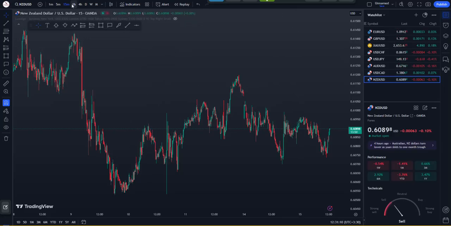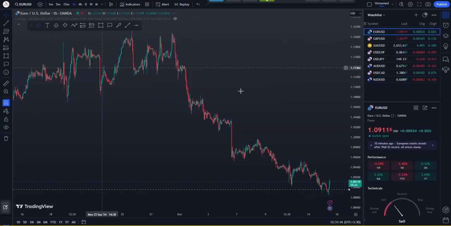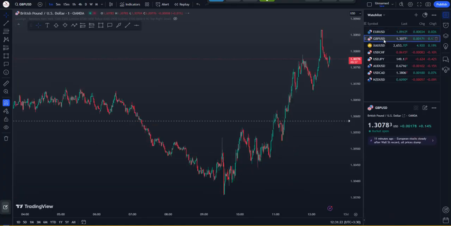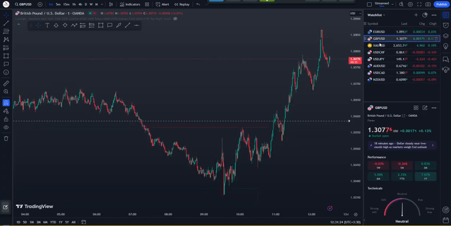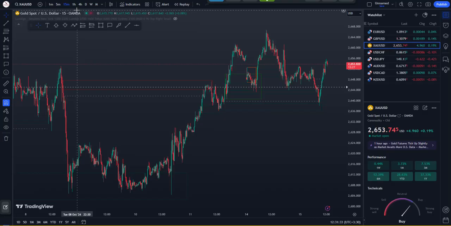In New Zealand dollar, we are waiting for price to reach where. Alright, nothing happened, and I'm waiting for price to reach here. The top 3 charts had a good structure for going long in here actually, but we have to notice where price wants to go.